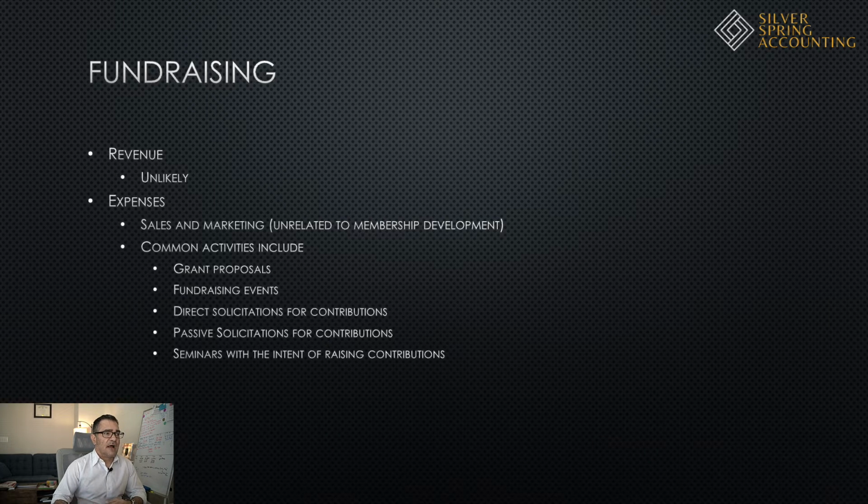I would have a spreadsheet or a donor database where those items are tracked, both revenue and expenses for each campaign. So what kind of expenses fall under fundraising? Well, you've got sales and marketing unrelated to membership. If you have memberships and you're doing marketing toward soliciting members, that's obviously going to be membership development. Common activities might include preparing grant proposals, preparing funding requests, fundraising events, any direct solicitations for contributions, or even passive solicitations for contributions.